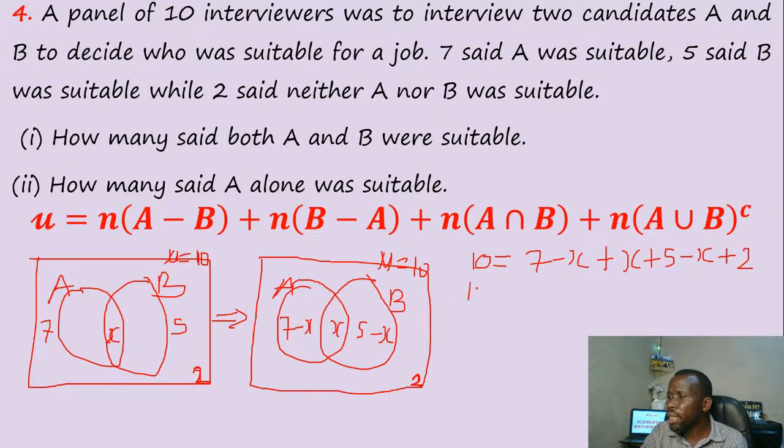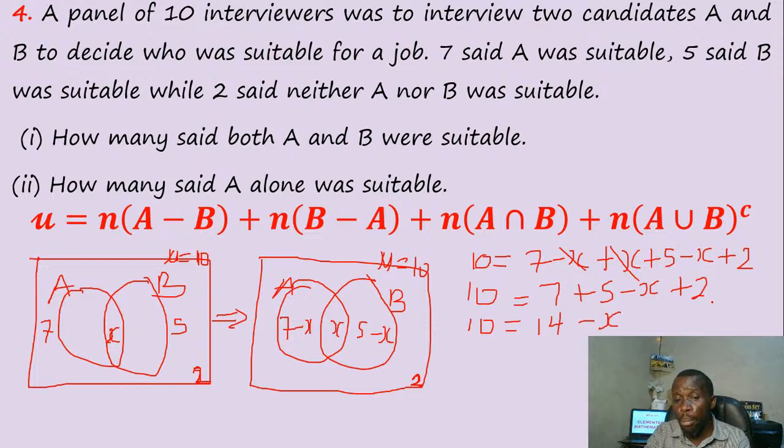Now, minus X and X will cancel out. So I'm going to have 7 plus 5 minus X plus 2. That's going to give me 10 equals 7 plus 5 is 12, plus another 2, that should be 14 minus X. Don't forget about that plus 2 that is there. 14 minus X. Now I transfer that to the other side.